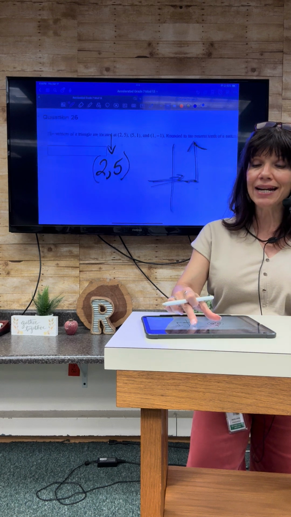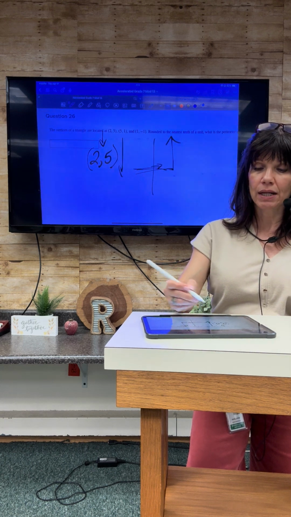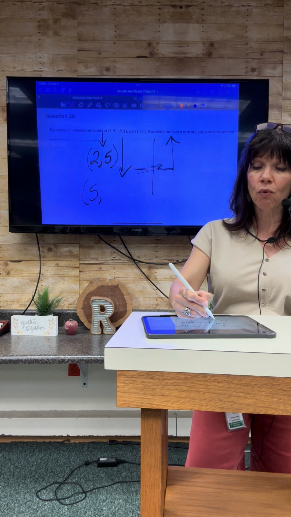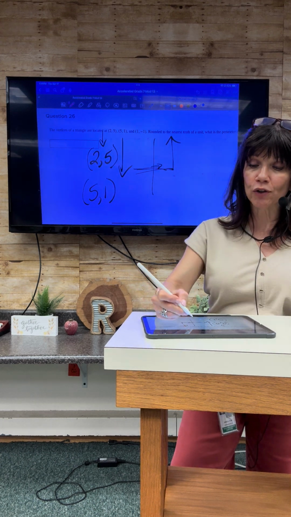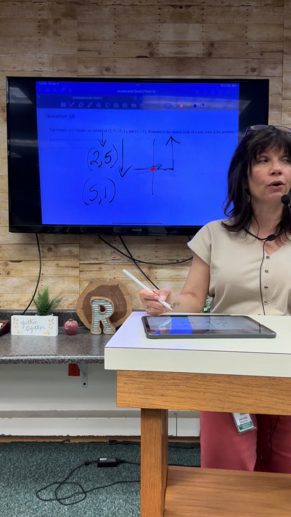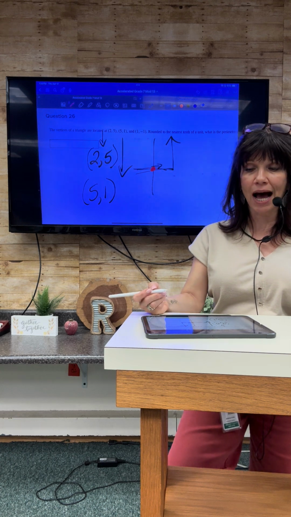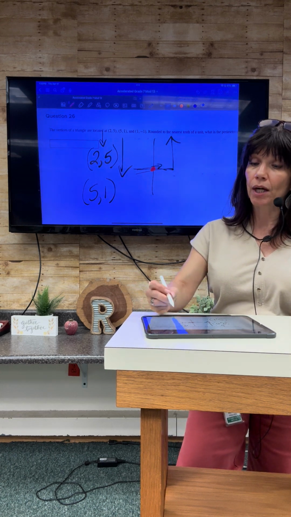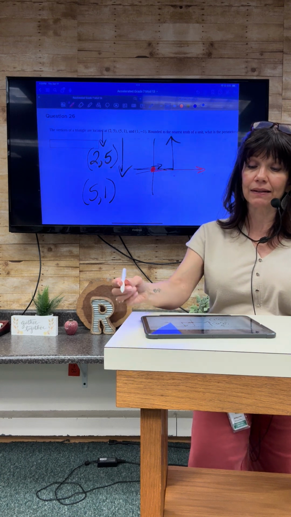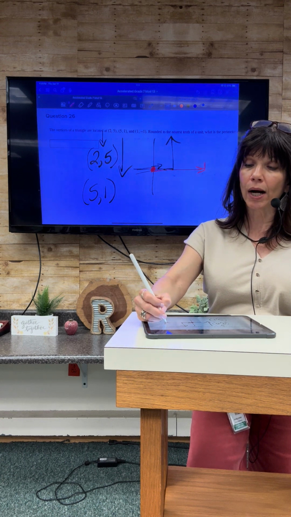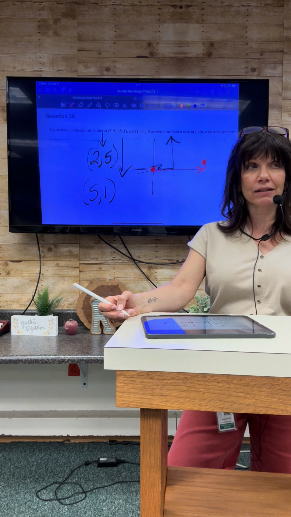Then for your next ordered pair, 5, 1. Plot that. How will you travel from the point of origin? You'll go how many steps? 5. What direction? Right. And then how many in what direction for the next thing? Up 1. And you'll plot that.